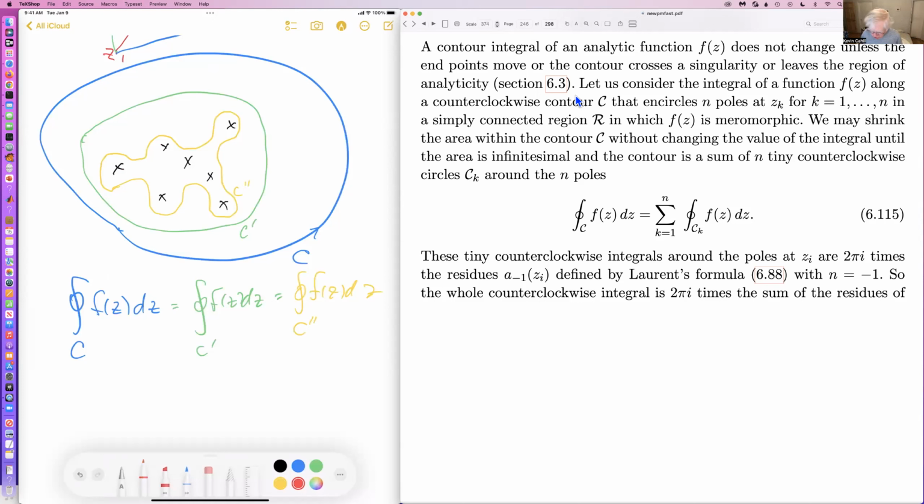And eventually we can shrink it so that what we actually have is a tiny integral around this one. And then we go over here, around, and then back, and so forth. And then over here, we actually don't go back immediately. Instead, we go over here, around, and back, and so forth. And so we do these tricks so that we're going around.